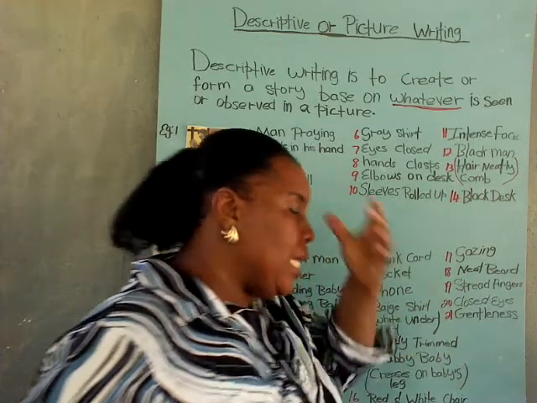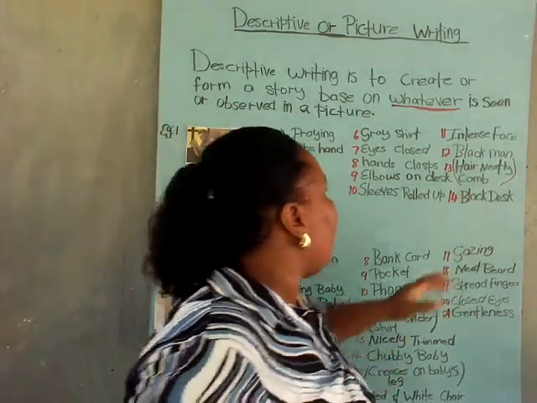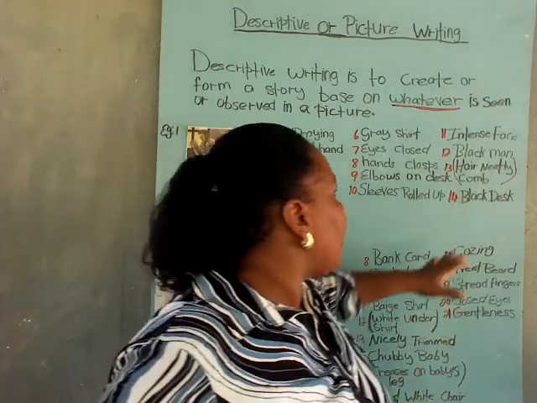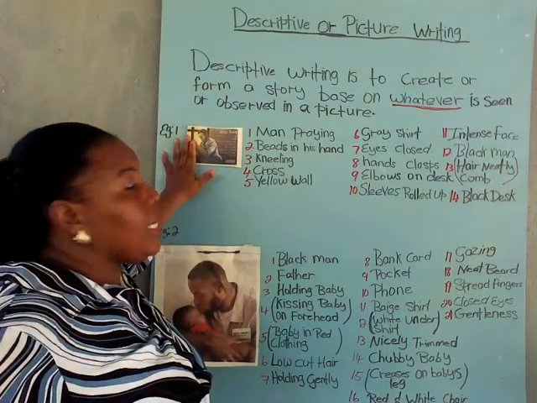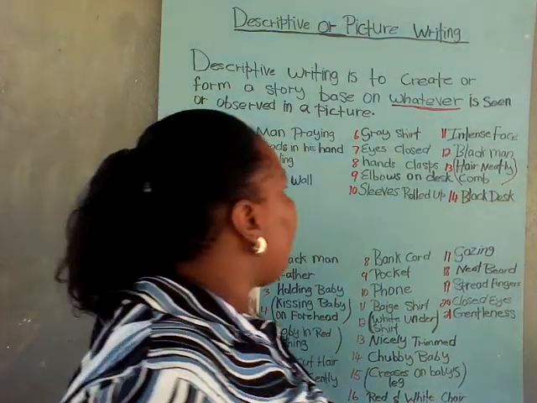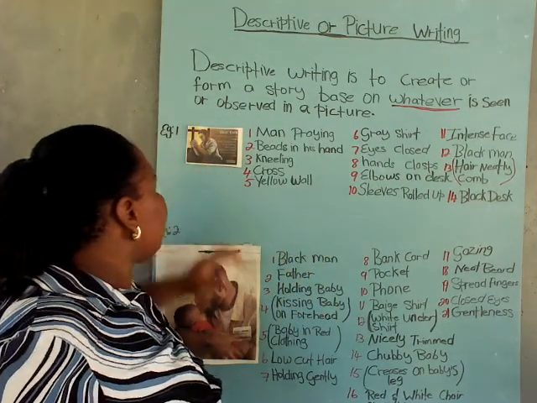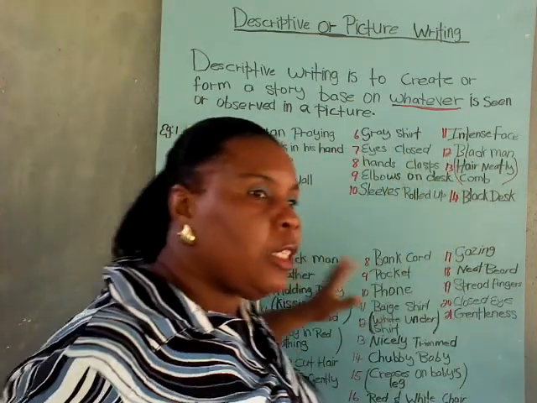He has an intense look on his face. All right, intensity. He's a black man. His ethnicity is black. His hair is neatly combed, so you can see from the picture that his hair is neatly combed. And he's leaning against a black desk. Okay, so he's leaning against a black desk. So that is what I've observed in this picture.